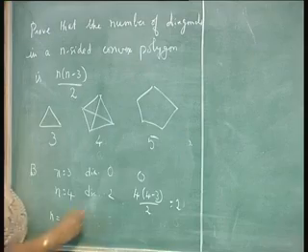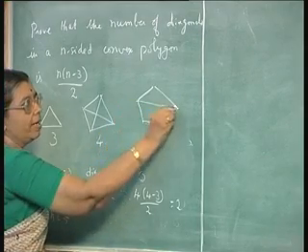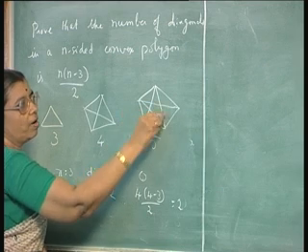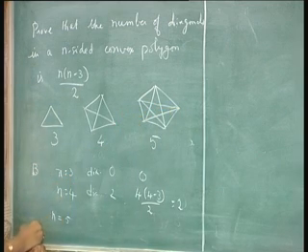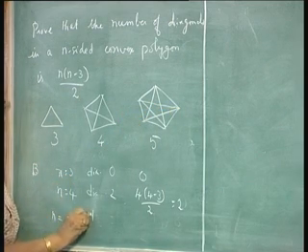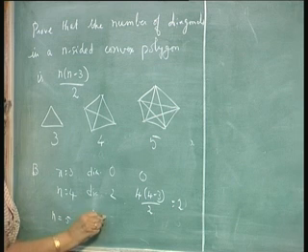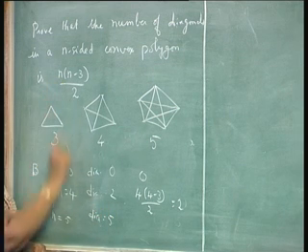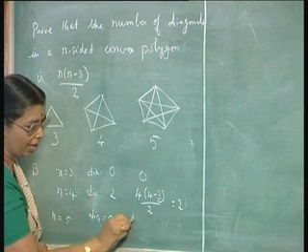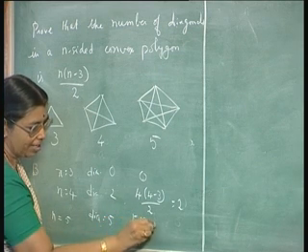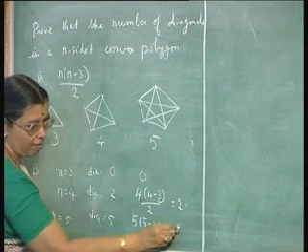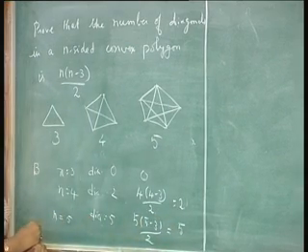In a pentagon, how many diagonals do you have? Let us see, 1, 2, 3, 4, 5, so you have 5 diagonals. Use 5 as n in this equation, you get 5 into 5 minus 3 by 2, which is equal to 5. Okay.